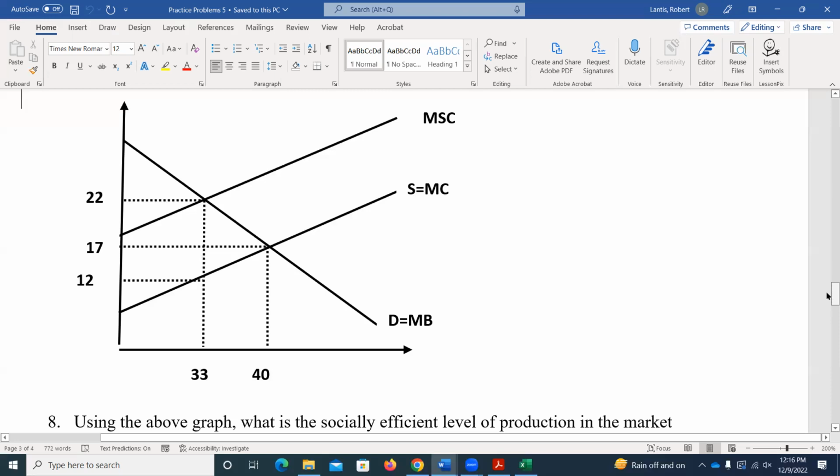So the marginal social cost is my private marginal cost plus some additional external cost. So what I'm trying to do is get my supply curve plus the tax to be equal to that. Well, that's my supply curve. So what do I need the tax to be?